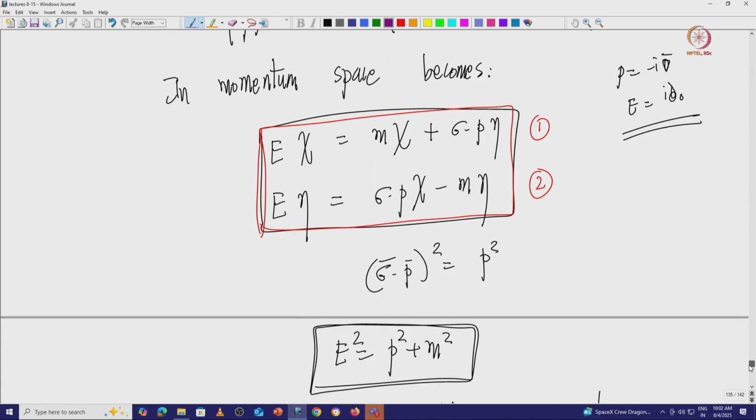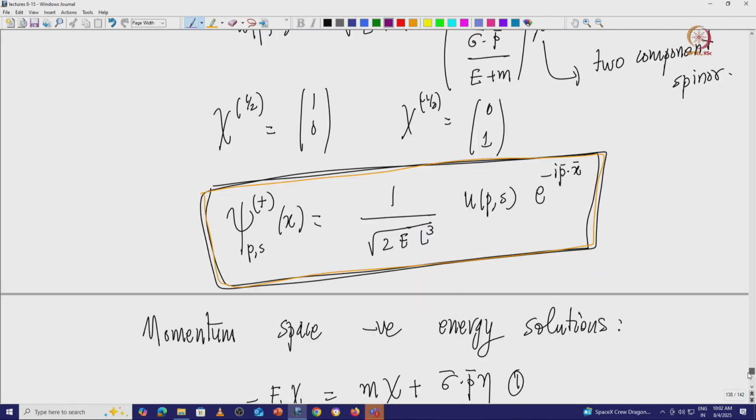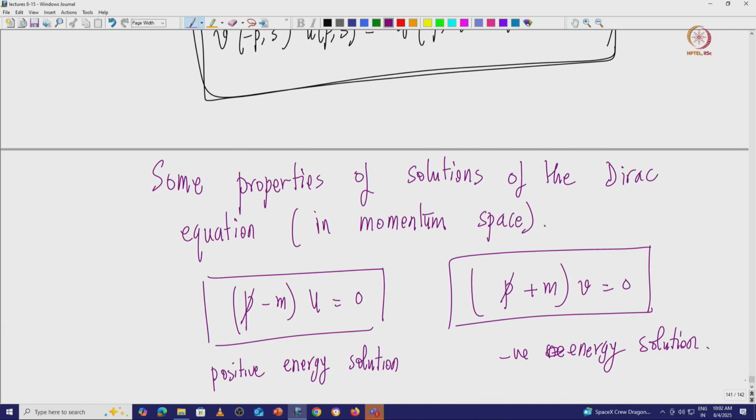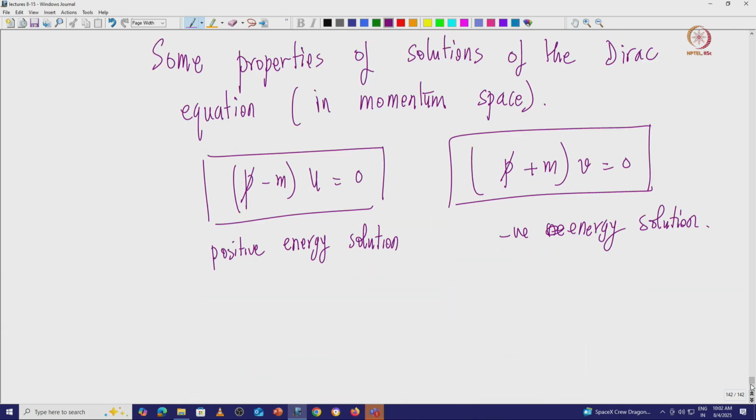Just to confirm, these are 4 component spinors u and v, and this 4 by 4 matrix acting on u should go to 0. That is how you define your solutions.